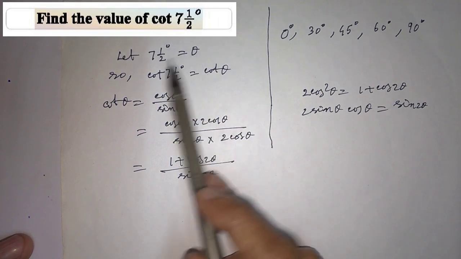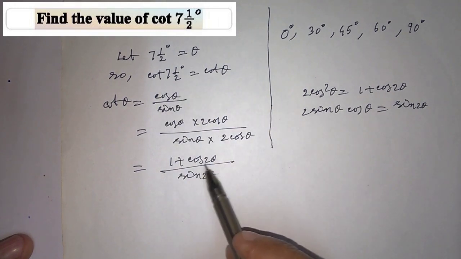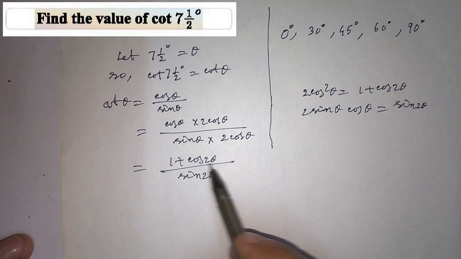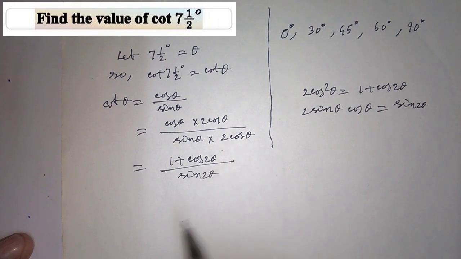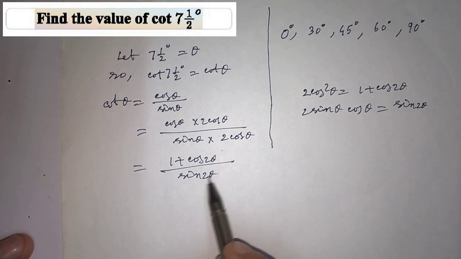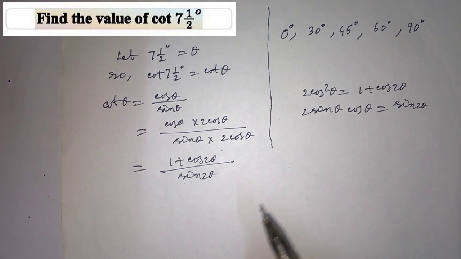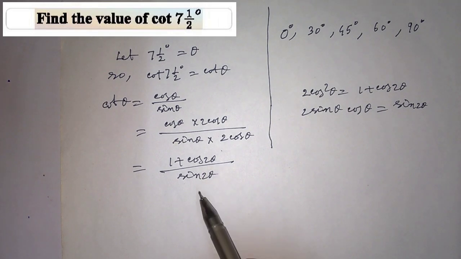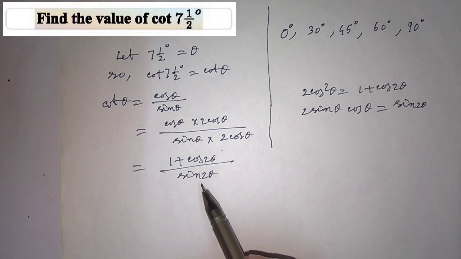Obviously, if theta is 7.5 degree, then cos 2 theta is equal to cos 15 degree. Similarly, sin 2 into 7.5 degree is sin 15 degree. Now we have to find the values of cos 15 degree and sin 15 degree.